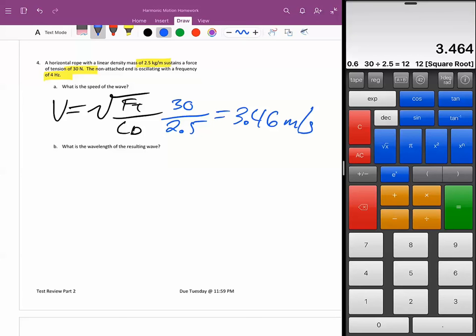Now, in regards to 4b, you're looking for the wavelength of the resultant wave. You have speed, you have frequency, you're missing wavelength. Now, 3.46 equals a frequency of 4 hertz times lambda.